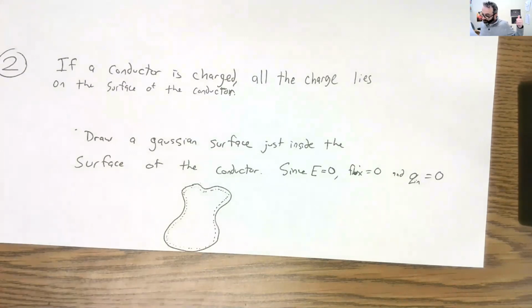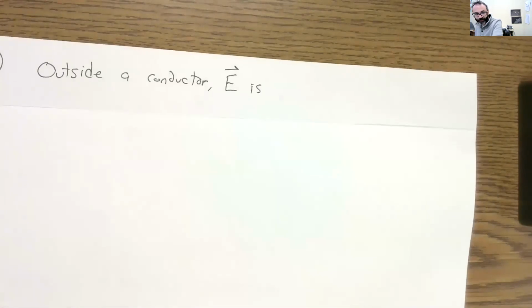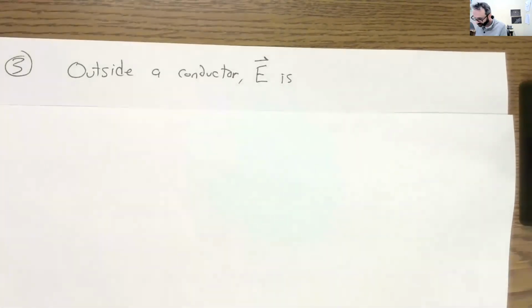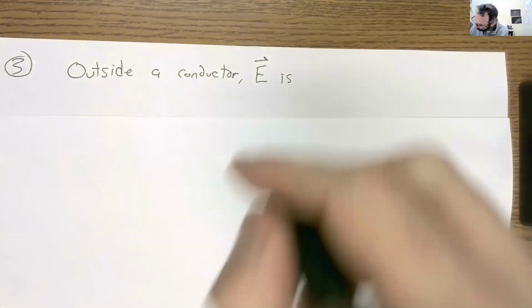So that's inside the conductor. Electric field is zero. There's no charge inside the conductor. So what we can tell from that as well, our third property of conductors: outside of a conductor, the electric field is going to be perpendicular to the surface.